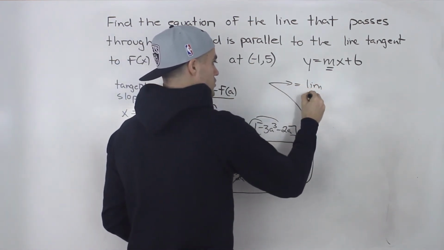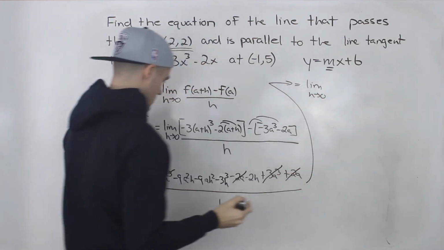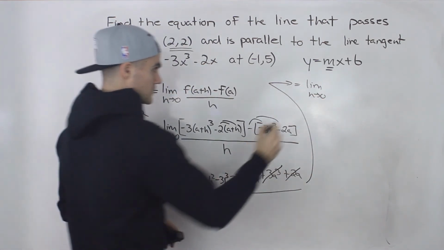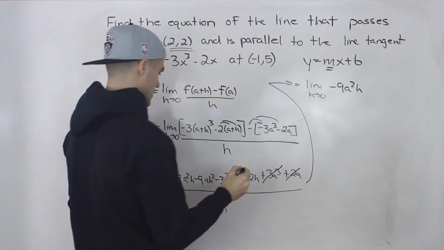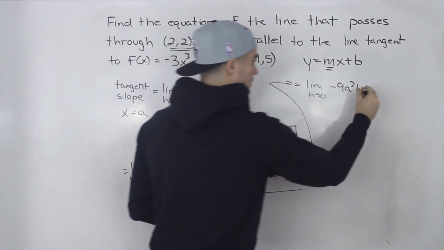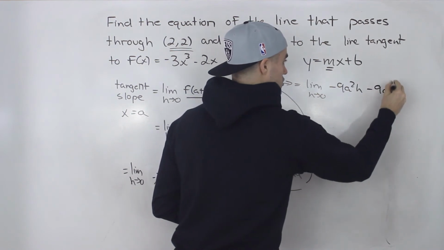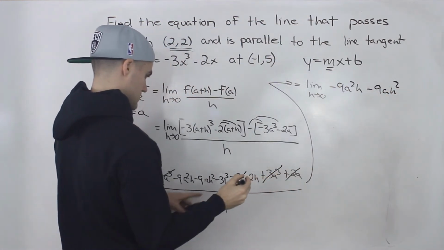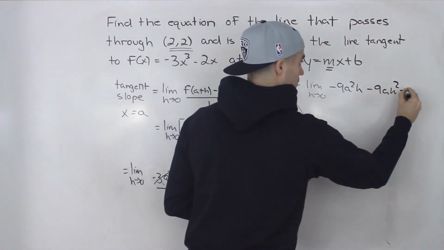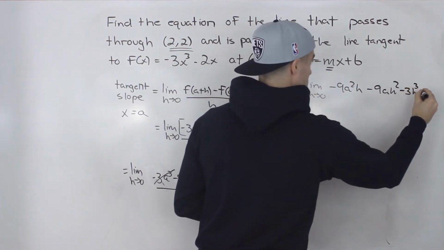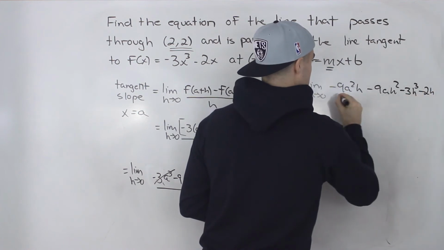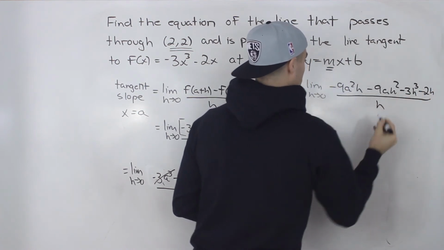We've got the limit as h goes to 0, and let's rewrite all this: negative 9a squared h, minus 9a h squared, minus 3h cubed, minus 2h. And this is still going to be all over h.